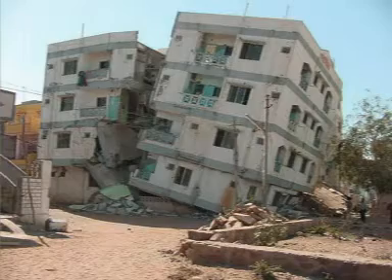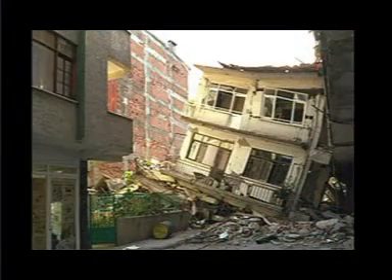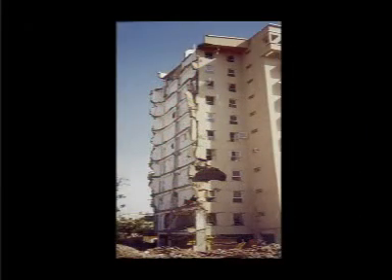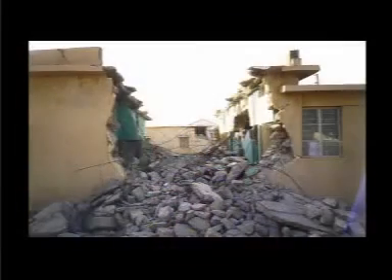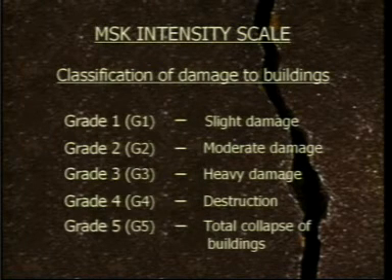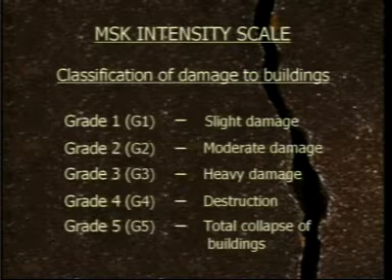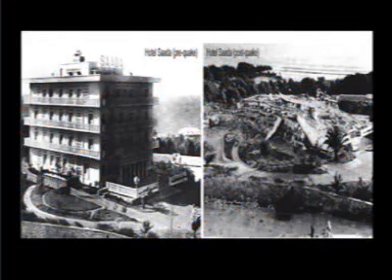Here you will find gaps in the walls, parts of the buildings may collapse, separate parts of the buildings lose their cohesion, inner walls and filled in walls of the frame collapse. Now, let us see grade 5 damage, and it means the total collapse of buildings. As you can see in this area, nothing is left. So, this is known as grade 5 damage.